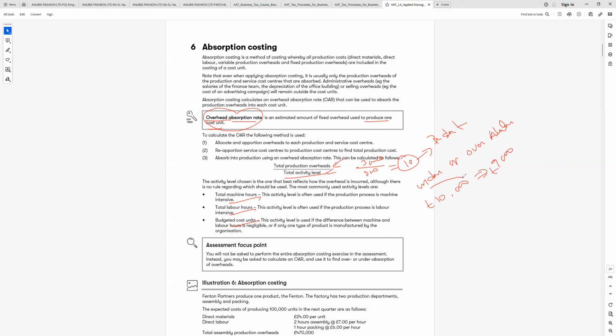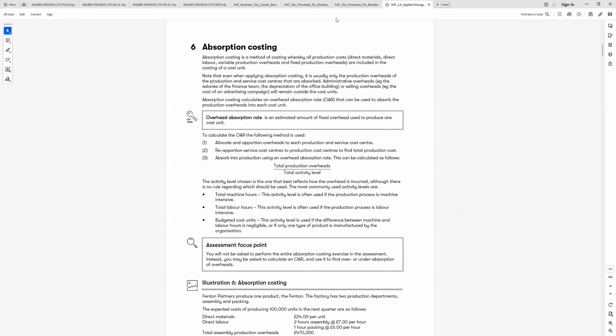That means I made an overestimation, which means it is over absorbed. It could be the opposite. Maybe I estimated 9, but the actual overhead is 10. That means I made an under absorption. So we always need to check whether I made an over absorption or an under absorption. We need to compare our budget with the actual.